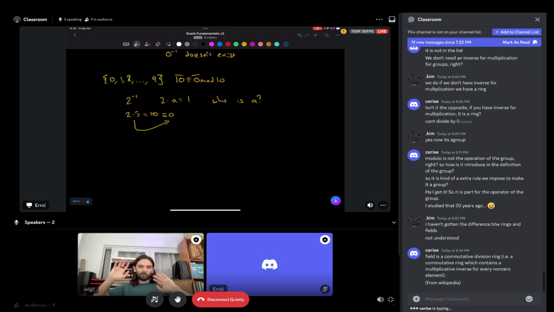I'm not going to get into that because it's out of scope. Like I said, we never read about rings in cryptography, or extremely rarely, because they don't have the properties we're interested in and aren't conducive to what we want to do. So in a ring, you don't have to have a multiplicative inverse for everything.